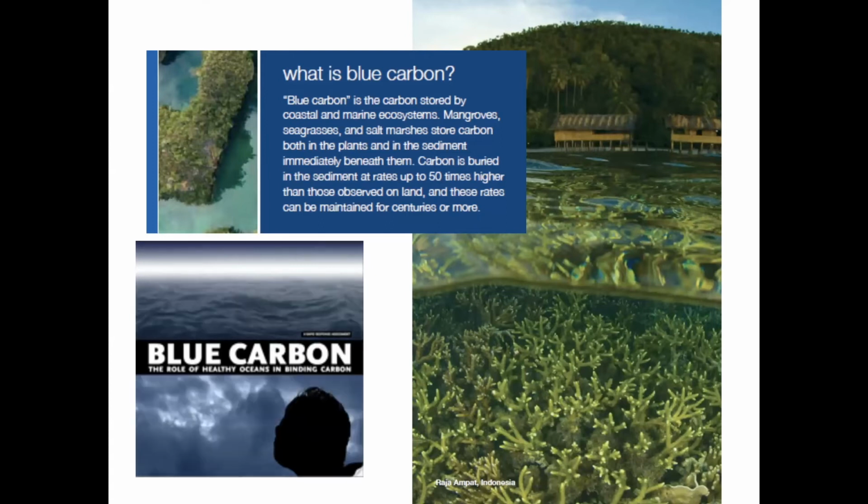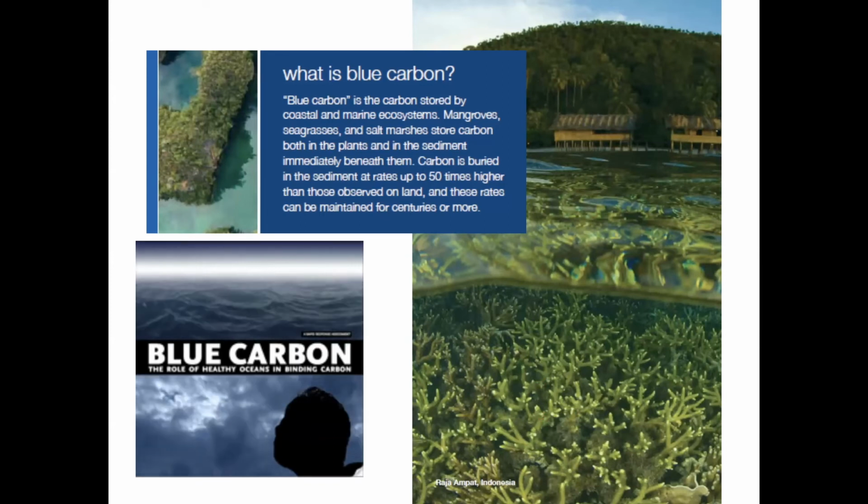So here's an example of this: blue carbon. Blue carbon is basically the carbon that is stored in the coastal and marine ecosystems. So things like mangroves, seagrasses, all the carbon that those places absorb and actually have stored in the sediments and in the corals and the organisms that live there. That is what we call blue carbon.